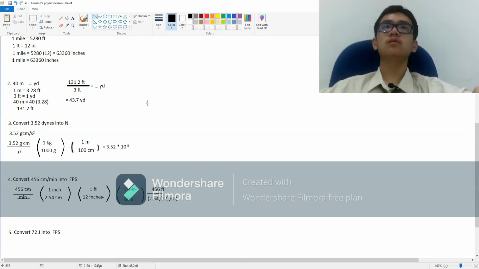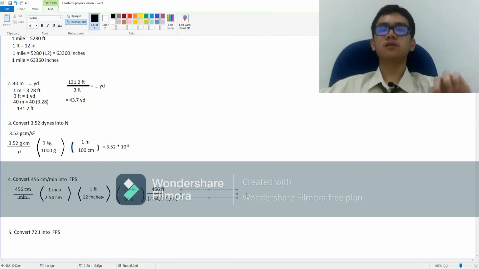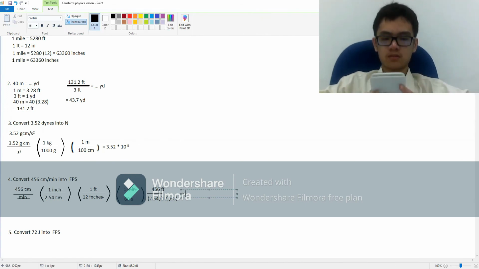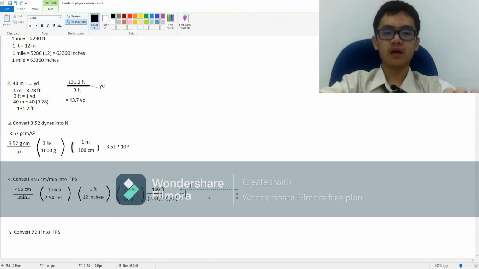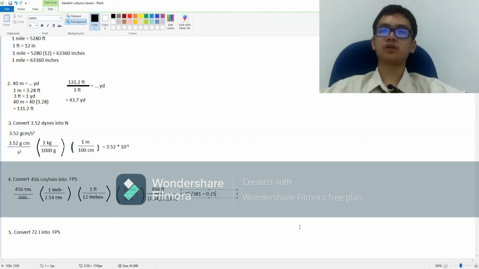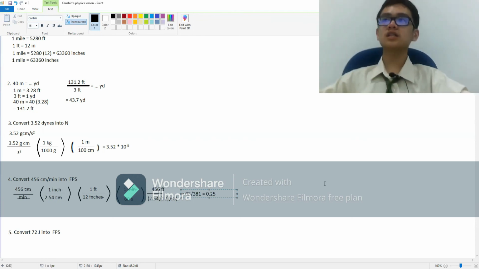So now you can plug this into the calculator. And so overall, you get 95 over 381. Simplify it even further, and you get 0.2249, or in this case, we'll just round it up and write 0.25. So that's about 1/4.